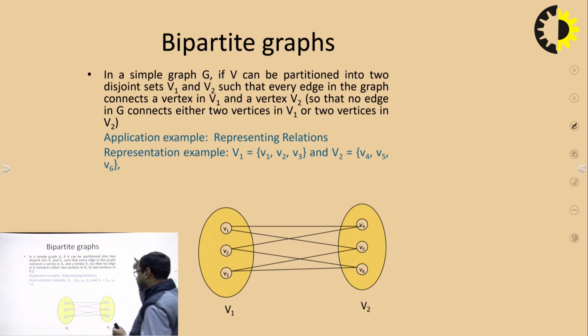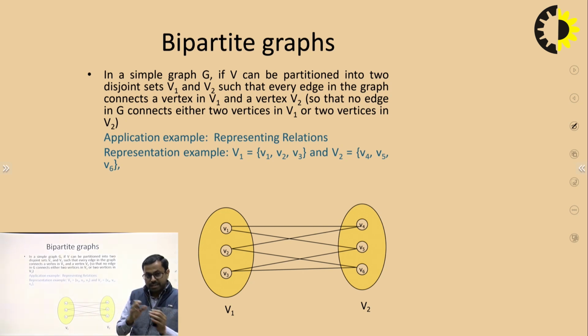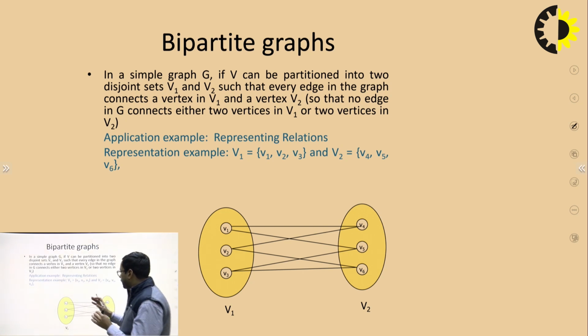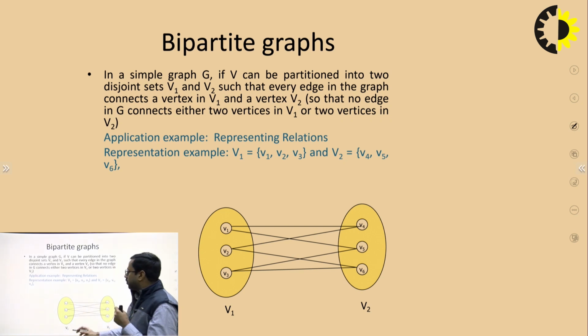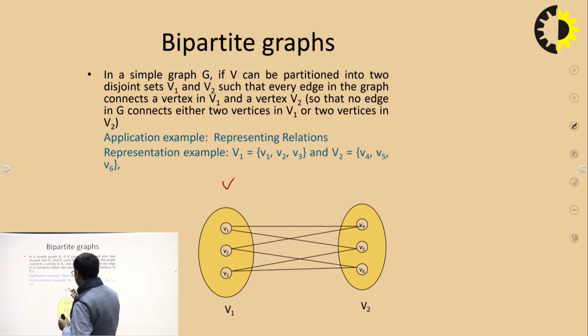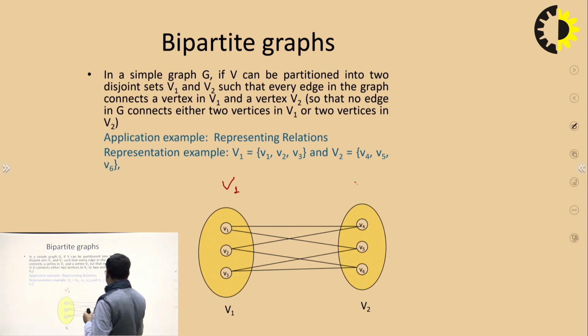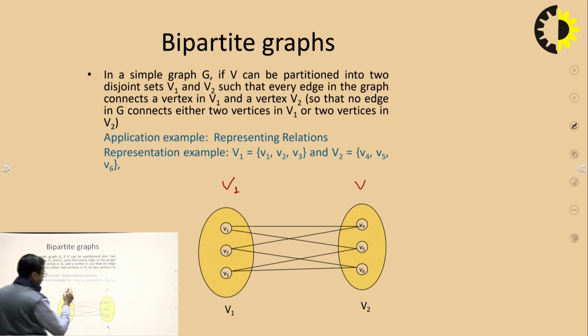It is a graph structure in which we associate two different sets connected with each other. Let's suppose A and B are two sets.